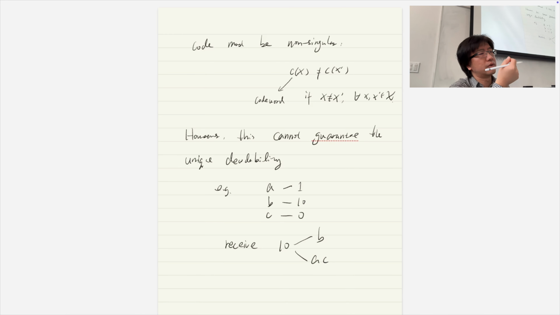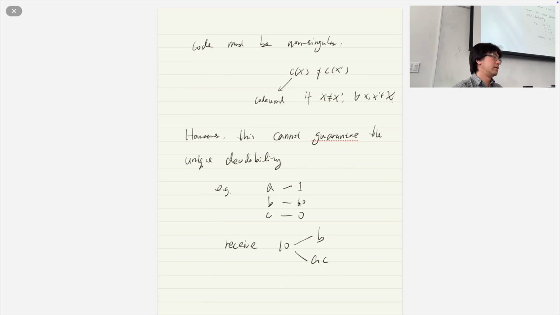Then we need to see for what kind of code we can guarantee decodability. How can we study this problem? Here you can see that 1 is a prefix of B, so for B, it contains A. That's not good.